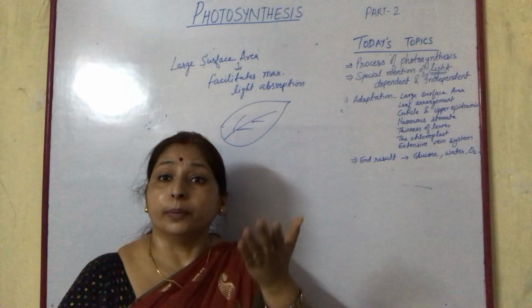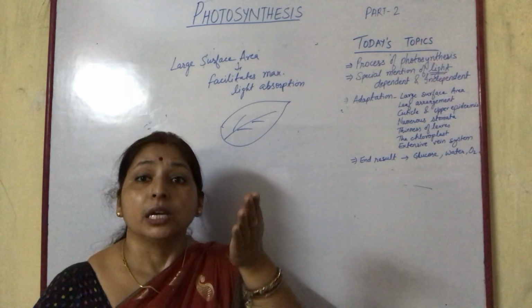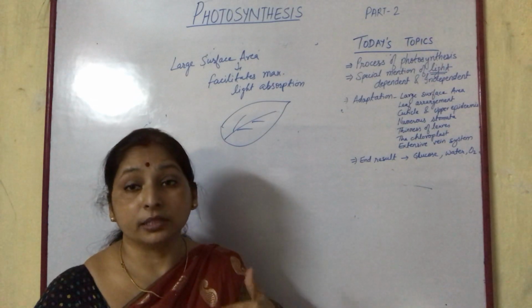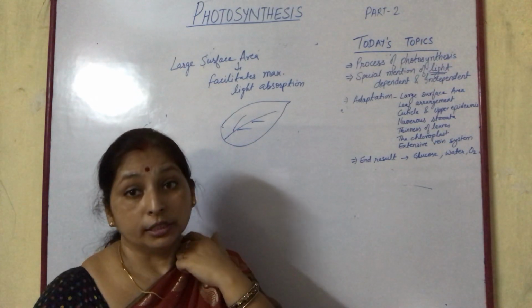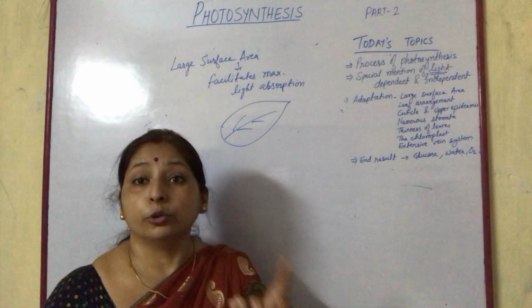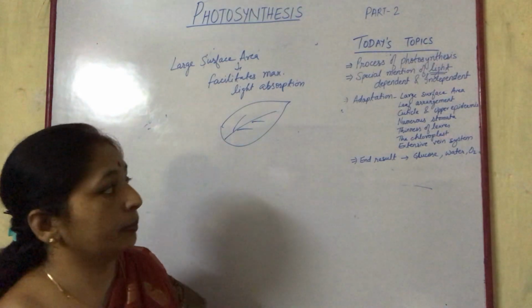When the leaf position is at 45 or 60 degrees compared to the light falling on the leaf, it is to minimize or optimize the light intensity. Then cuticle and upper epidermis.